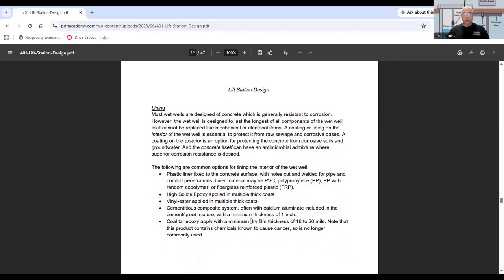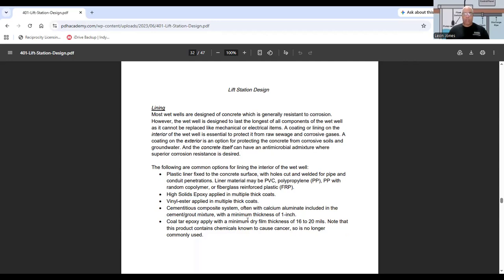Most wet wells are designed of concrete, which is generally resistant to corrosion. However, the wet well is designed to last the longest of all components, as it cannot be replaced like mechanical or electrical items. So a coating or lining on the interior of the wet well is essential to protect it from raw sewage and corrosive gases.